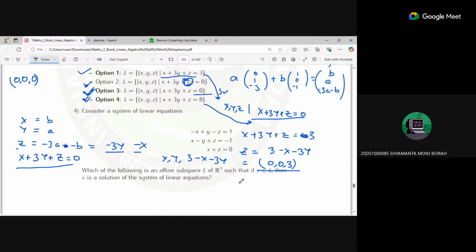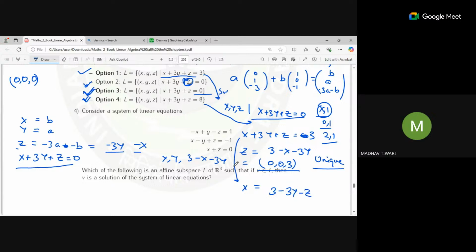Basically, in this one, you have put x and y as 0, 0, right? Yeah, x and y I put and I got the z value. One more thing, that translatory vector is not unique, I already told that. In the earlier case when we used x comma 1, I said that 0 comma 1 is also working and 2 comma 1 is also working, if you can recall. So here, instead of the z value, if I find the x value, it will be 3 minus 3y minus z.